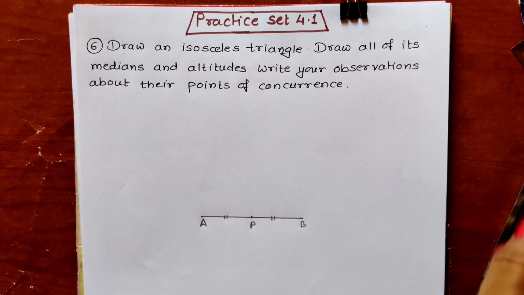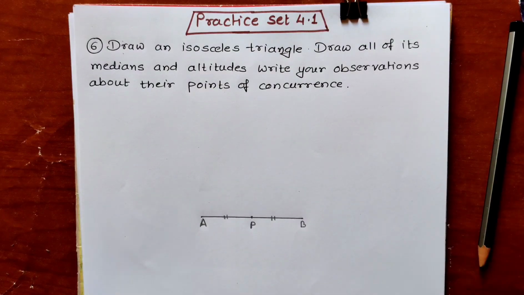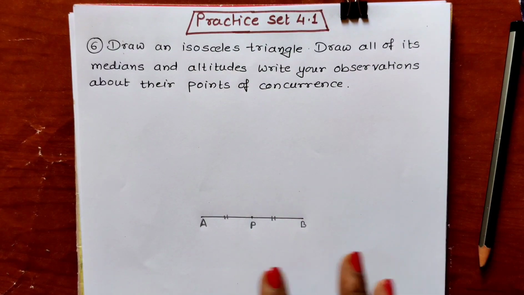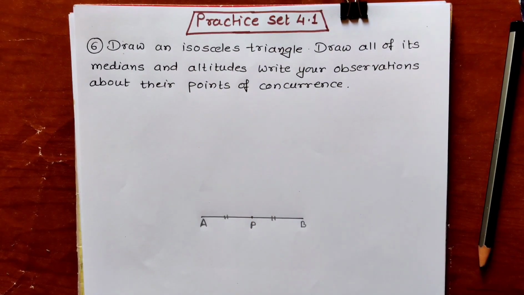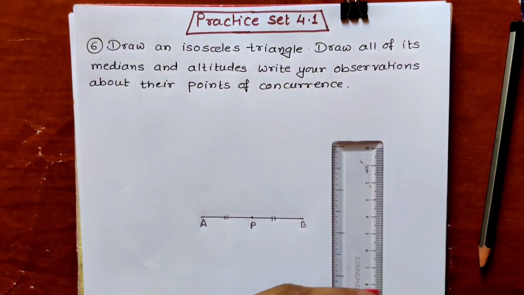Now we have to draw an isosceles triangle. For drawing it, I will take a certain distance in my compass. Isosceles means the remaining two sides will be congruent with each other. AB will be the base, and the remaining two sides of the triangle will be congruent. So let us take the distance in the compass.